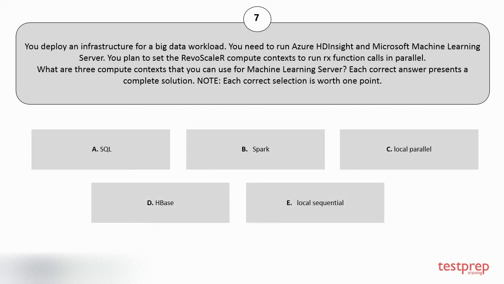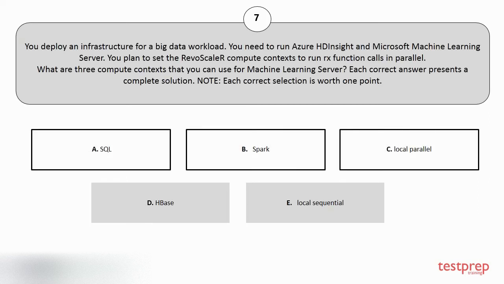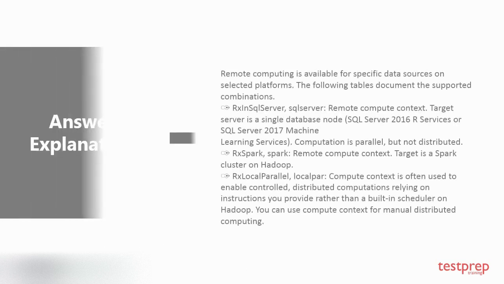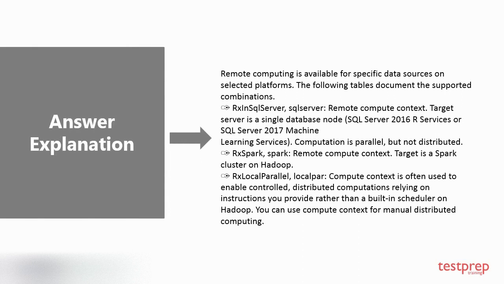Your options are A. SQL, B. Spark, C. Local Parallel, D. Base, E. Local Sequential. The correct answers are option A, B, and C. You can refer to the following for the explanation of the answer.